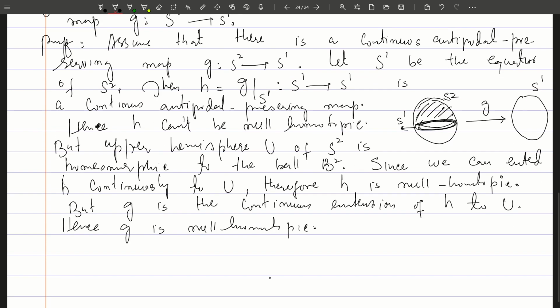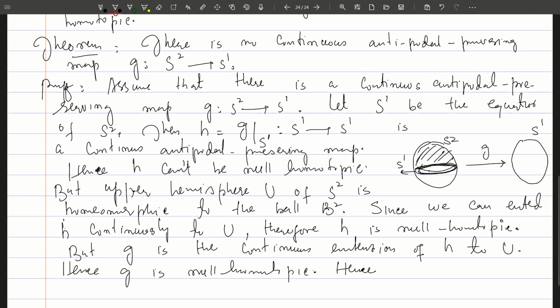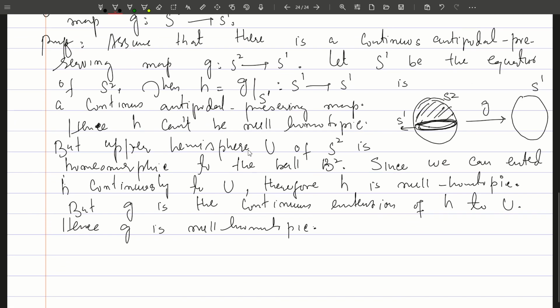So hence there is no continuous map from S2 to S1 which is continuous and antipodal preserving.